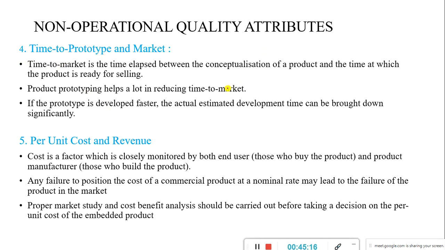Once you are done with the prototype development, you must ensure that it is released on time, because if you don't, some other competitor may do it. Whenever you develop a product, make sure that before any other person comes to the market, you have released your product. That's the important point about this non-operational quality attribute.